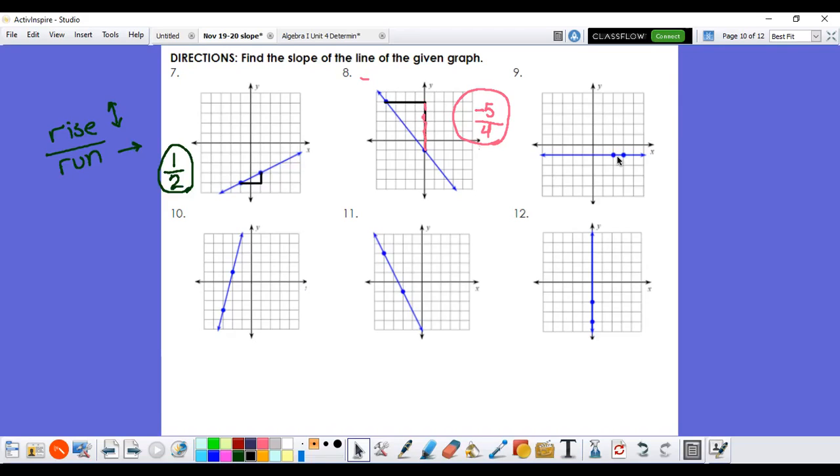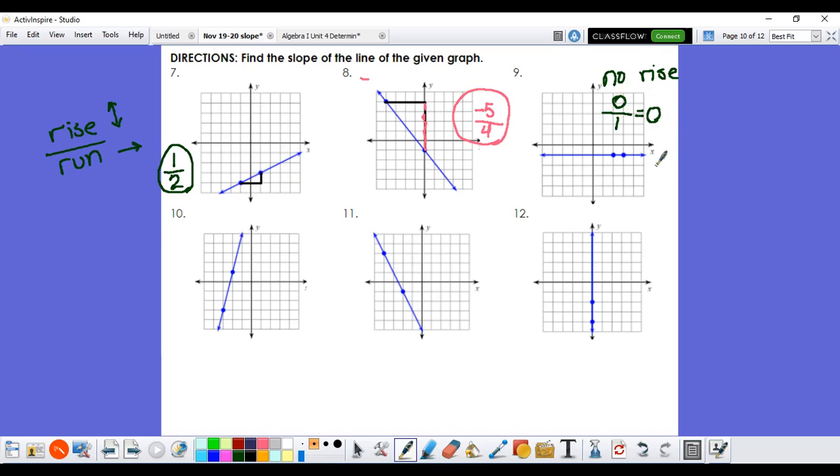So now let's look at this one. On this one, I have no rise. Since there is no rise, I could put 0 on top, and then there's 1 space between these two, 0 over 1, but this equals 0, and we don't really want to leave a fraction with 0 in it.